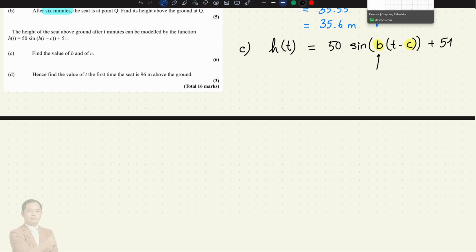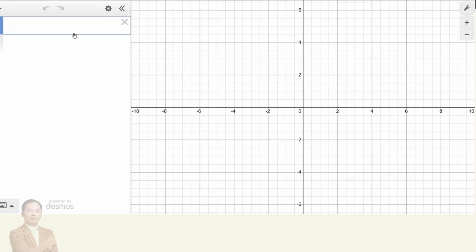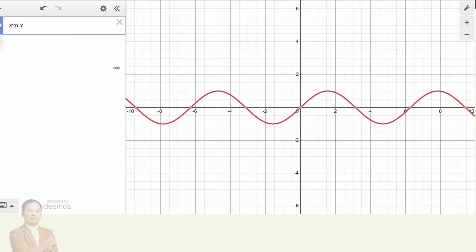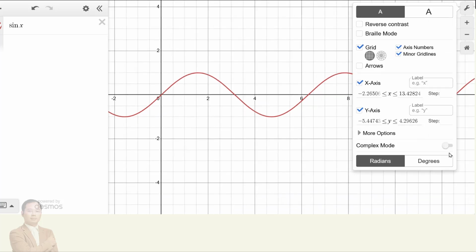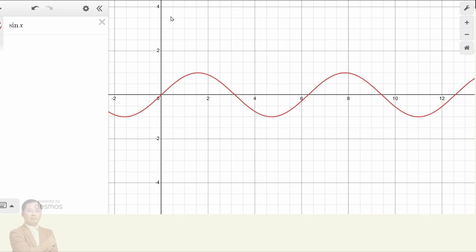Let me remind you about that property of b. Here, this is a sine function of x, where x is the time in this case. And of course, you have to change your calculator into radian, not degree. And if I insert a coefficient b in front of the time variable x here, b is a value that I can choose.